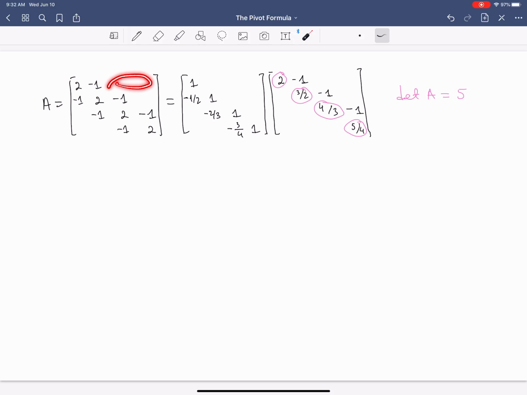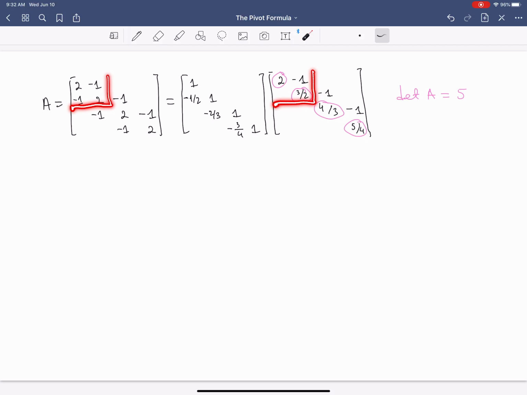No matter that these are zeros, that doesn't matter. If they were non-zero, then these terms would be affected. But this pivot really comes from elimination on this submatrix. So if you have the determinant of this submatrix, we know that it is the product of the two pivots that the matrix has, and those pivots are exactly these ones.